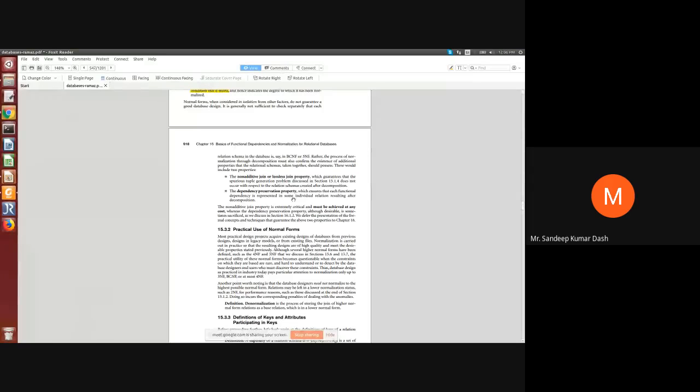In the process of decomposing, it may happen that some of the functional dependencies may be lost, but you have to ensure that as few functional dependencies as possible are getting lost, because functional dependencies are constraints which are good for the relation, like your primary key, foreign key, integrity constraints. Those are all constraints. Constraints are good for the relations.